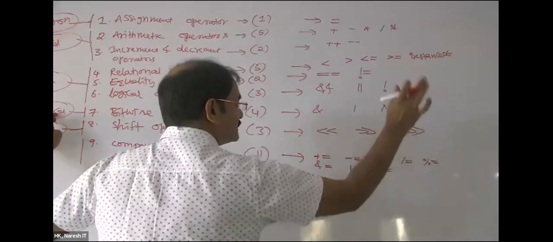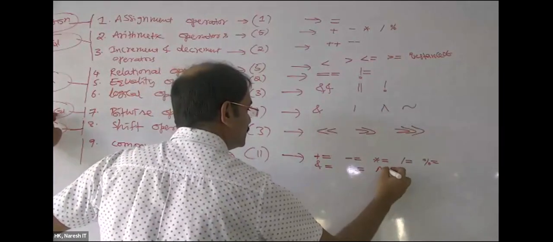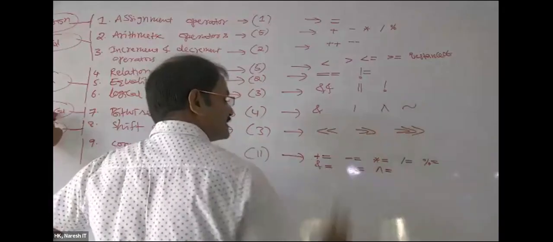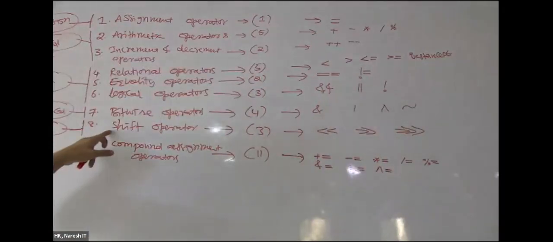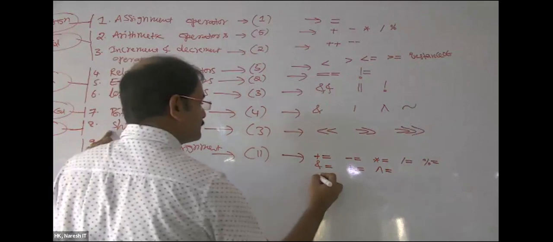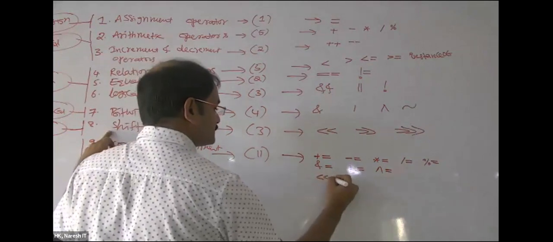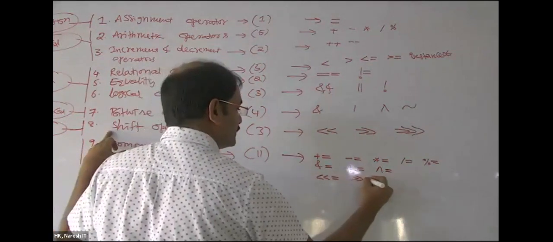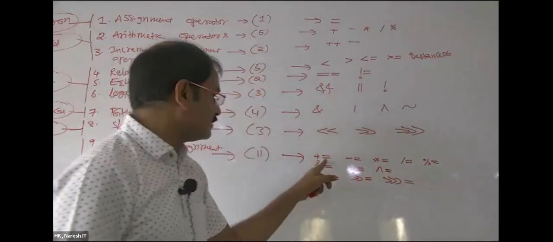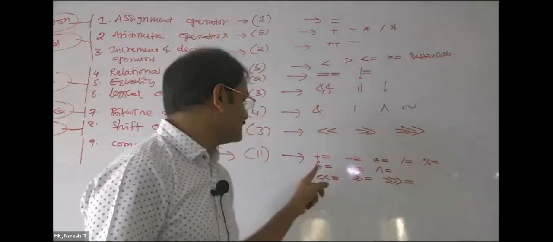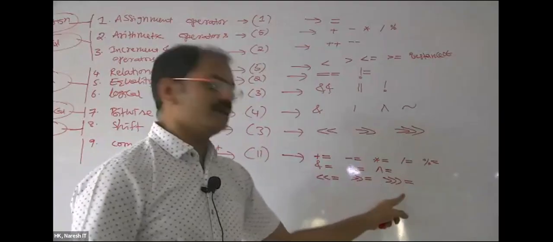You don't use tilde, only cap equal to, because tilde is unary, it takes only one operand. Next calculation, shift operators: left shift equal to, right shift equal to, double right shift equal to. Total 11 came. 1, 2, 3, 4, 5, 6, 7, 8, 9, 10, 11.